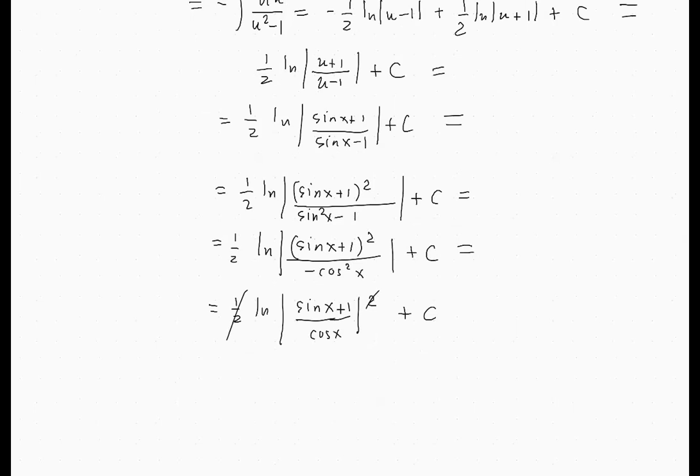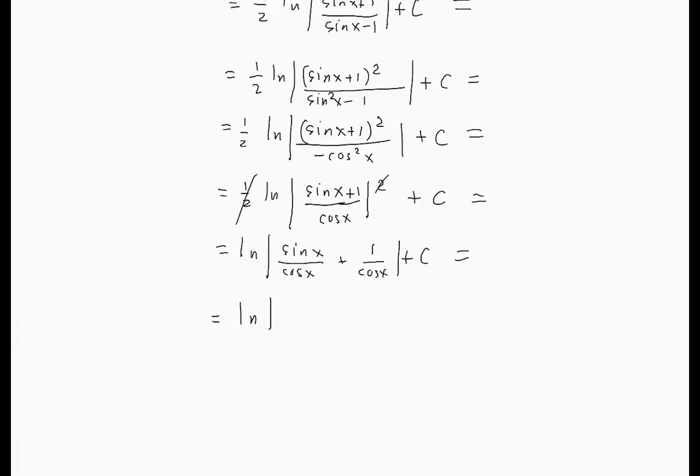And pretty much you have to ask yourself, what is ln of sine x over cosine x, and what is 1 over cosine x? And you will get this. So actually we did the whole thing, right? So now you know how we get this integral in a conceptual way. Okay, enough with that.